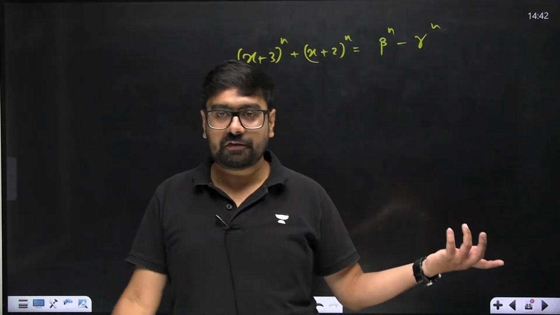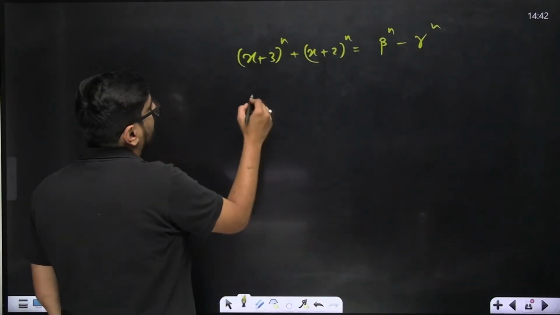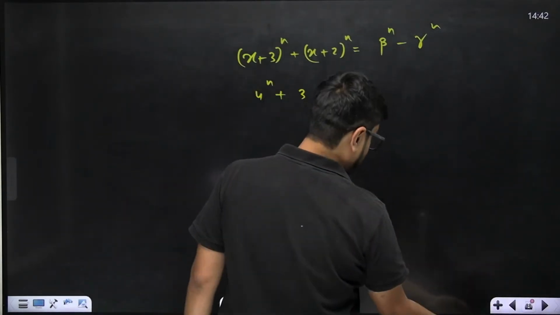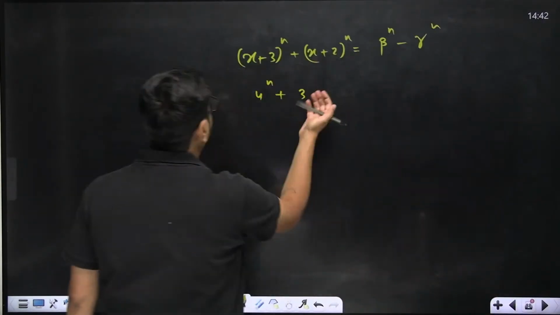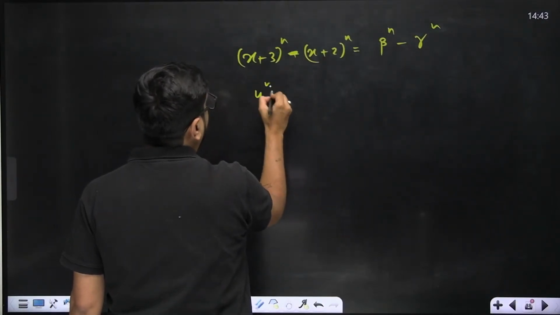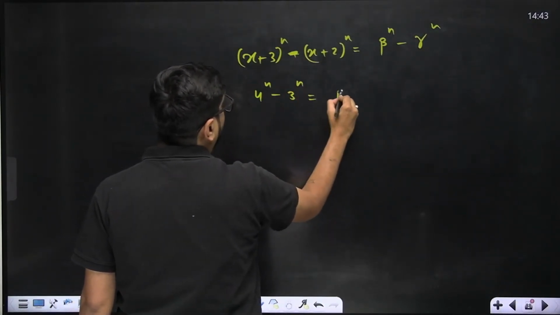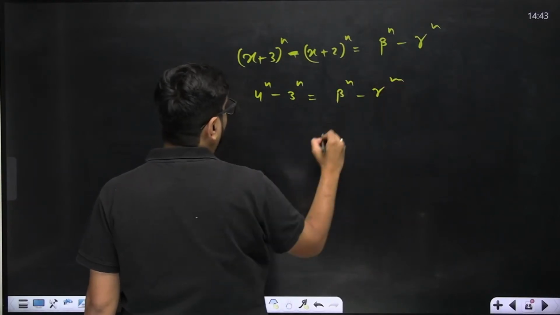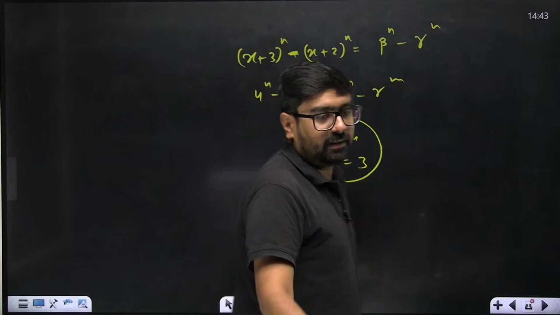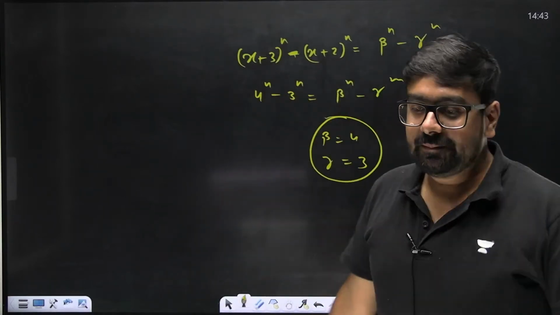Sum of coefficients of x, right? x equal to 1. So now this will become 4 to the power n plus 3, or minus, yeah, minus, it was minus. So 4 to the power n minus 3 to the power n is equal to beta to the power n minus gamma to the power n. So beta is equal to 4, gamma is equal to 3. Directly we are getting it, right?